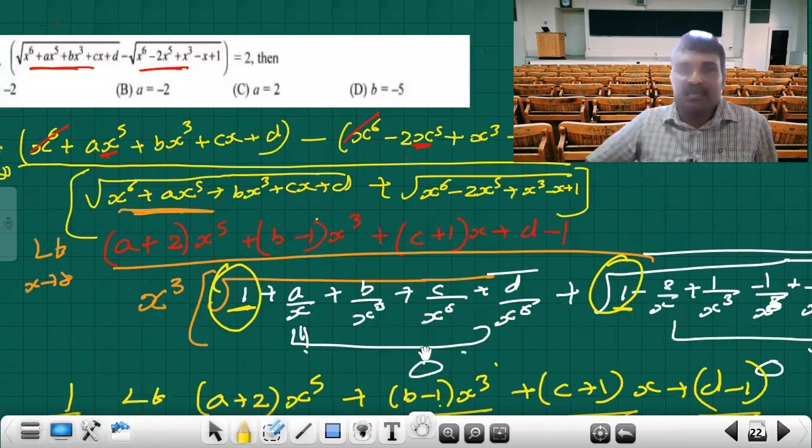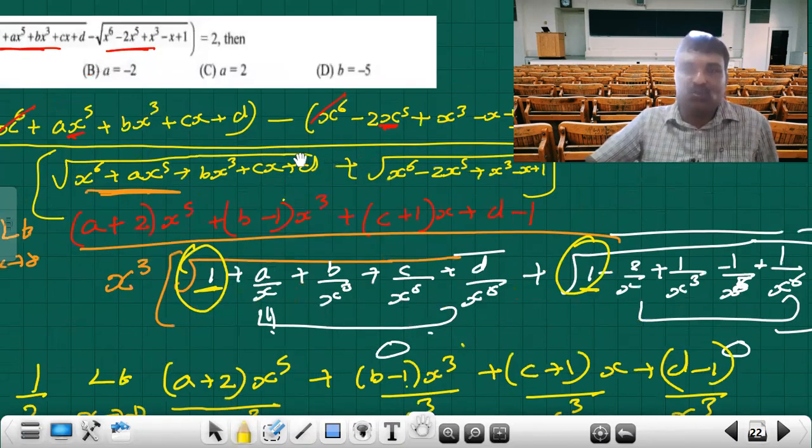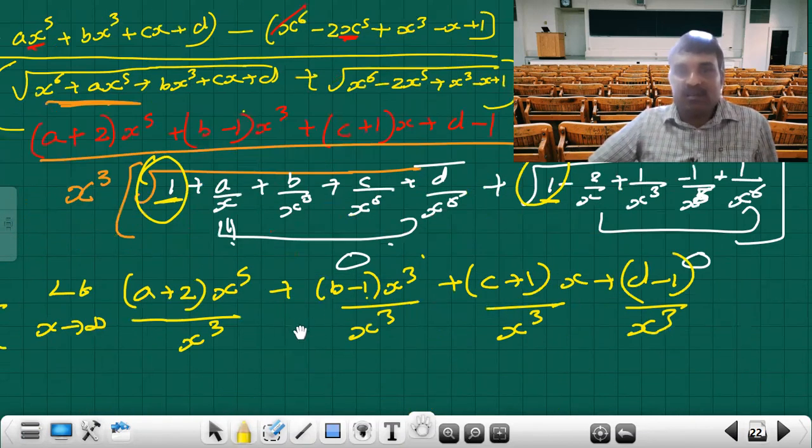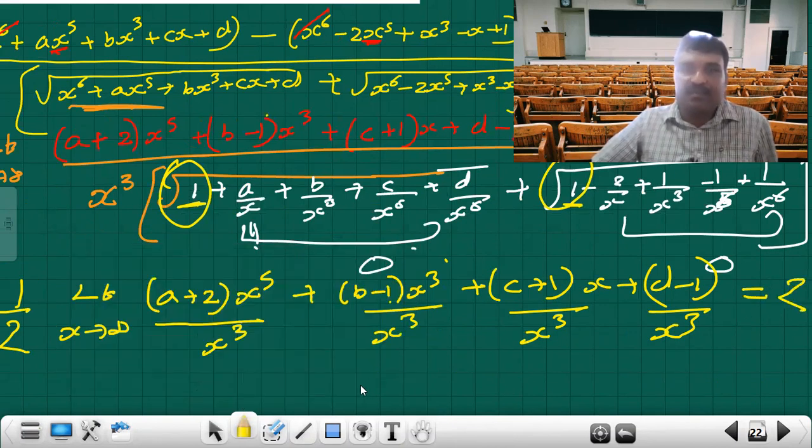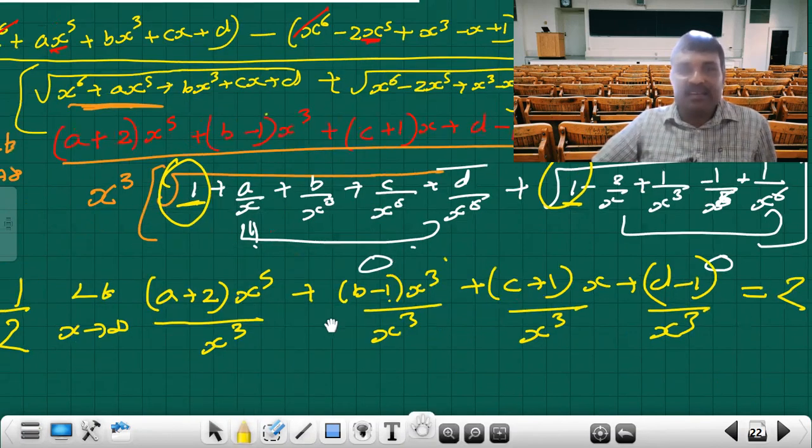What is the question given? The value of the limit is given as 2, right? That's a finite value. Okay.